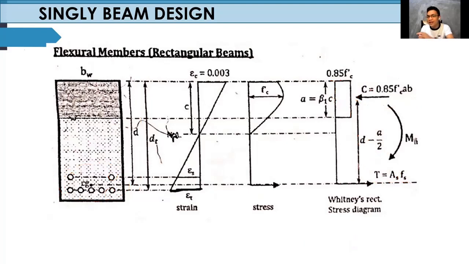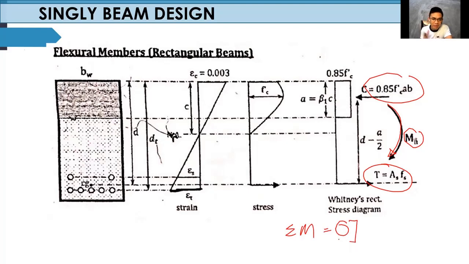Okay, so with that, class, ayan, nilagyan na niya ng moment, that is Mn. That is caused by our C na dapat kailangan natin yung ating tension para ma-equal siya. Diba? At para summation of moment is equivalent to 0. Diba?